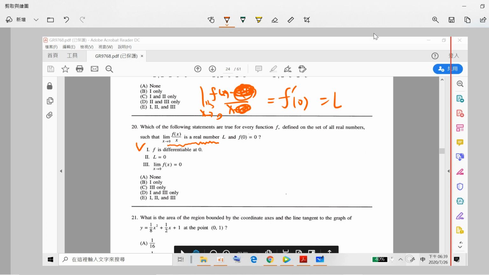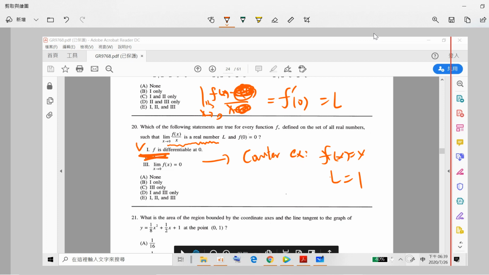This is nonsense, right? A counterexample is f of x equals x, so L is 1. F of x divided by x is 1, as x goes to 0 it is 1, so this is false.